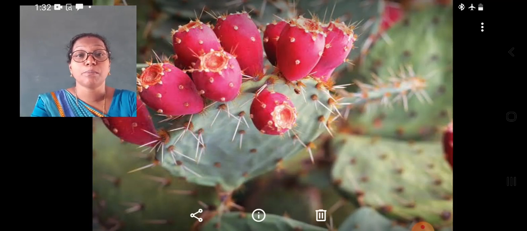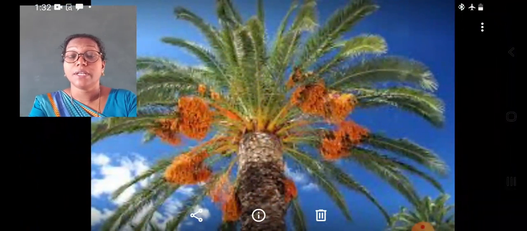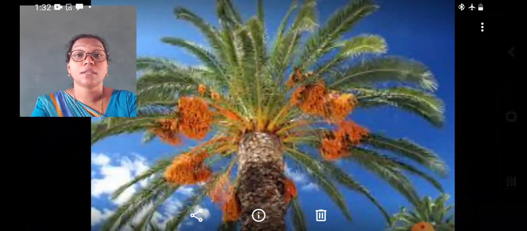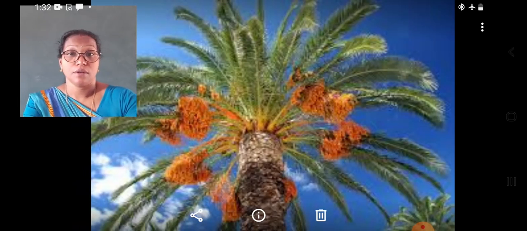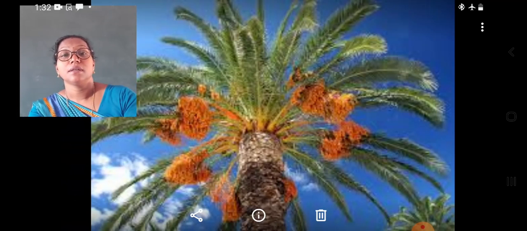The cactus, prickly pear, in the date palms, there are thorns present in different parts. They protect the plant from the grazers, and also to protect from people taking away or cutting off its parts.